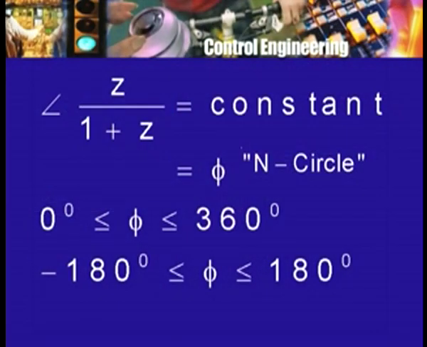You can calculate the location of the center and the radii of these circles depending on the value of the gain alpha or the phase shift phi, and you can actually draw a small number of them. When these ideas were introduced, of course, just as you have now graph paper or coordinate paper available, and then I told you also that we have a semi-logarithmic paper that is available, people prepared and sold charts containing these M and N circles.